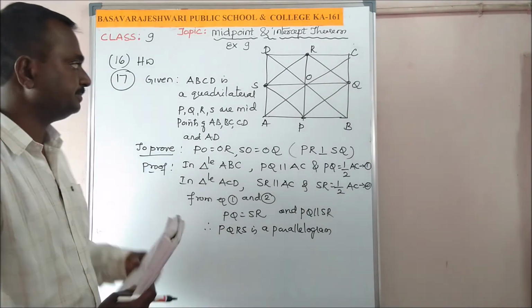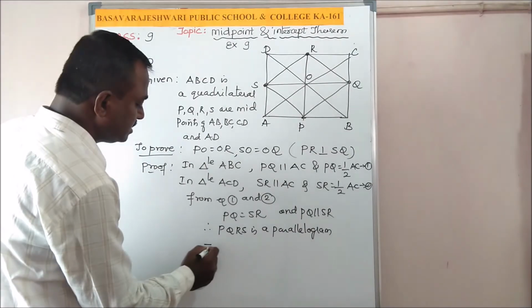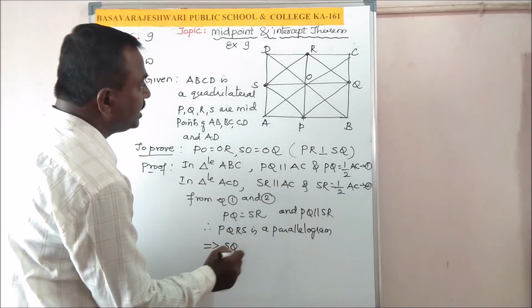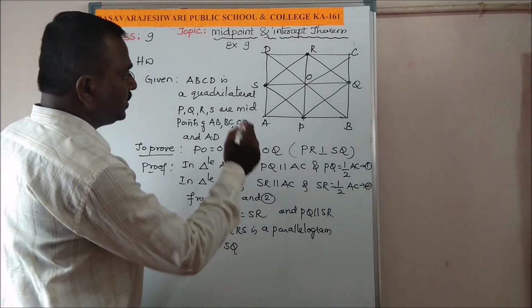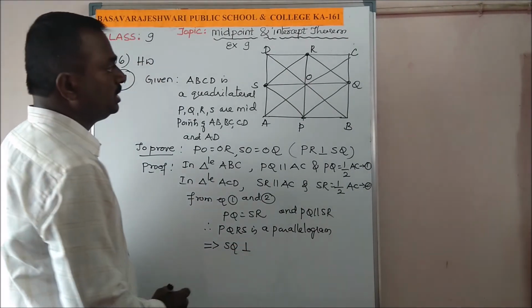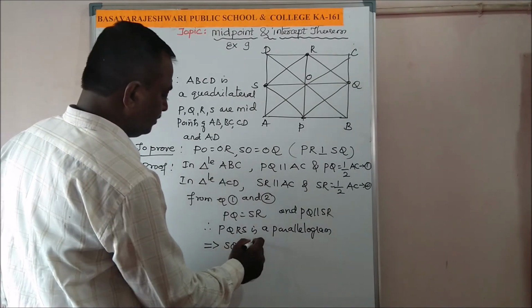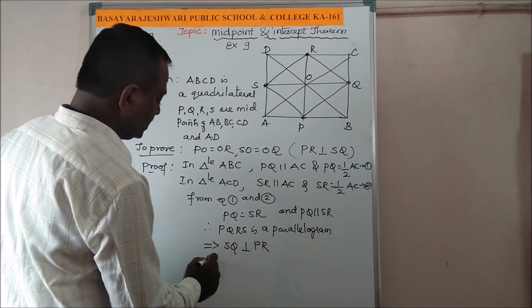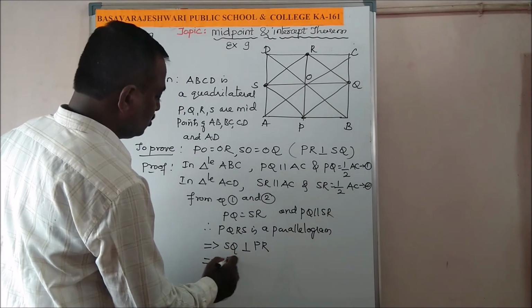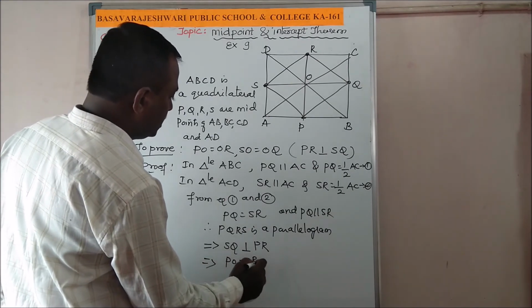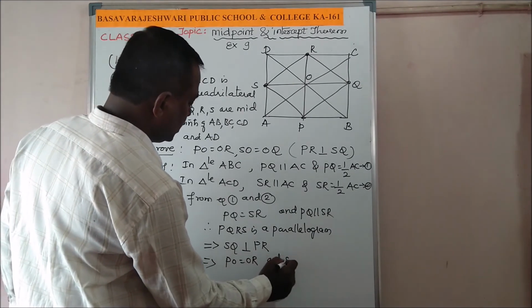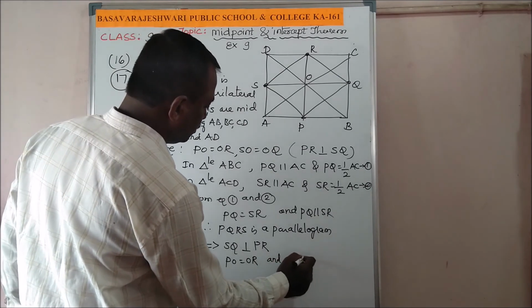Therefore, we can say SQ is perpendicular to PR. So this implies PO is equal to OR and SO is equal to OQ.